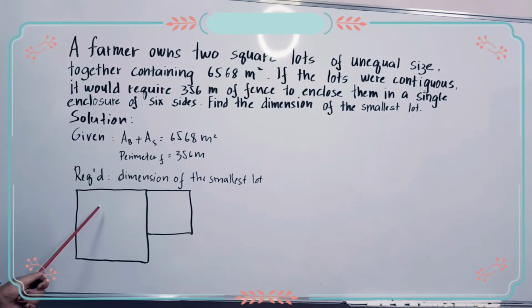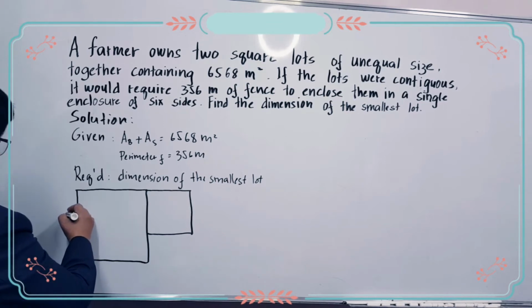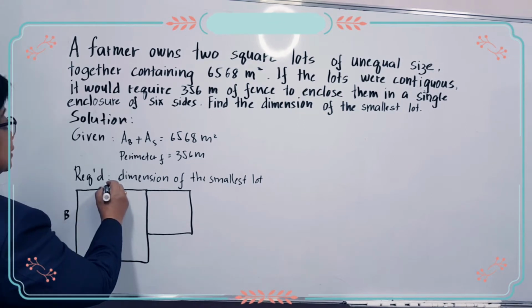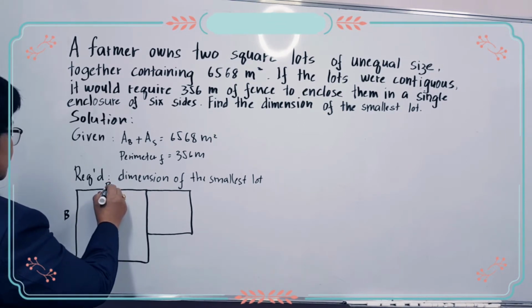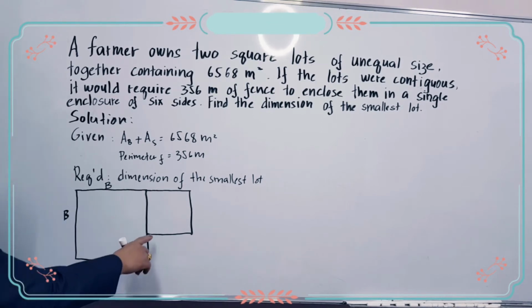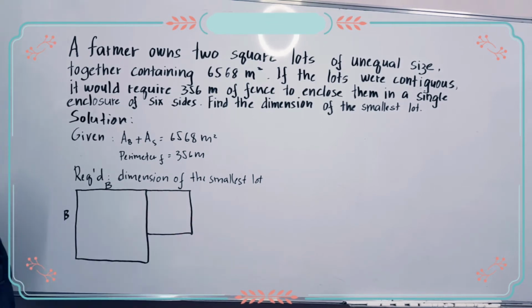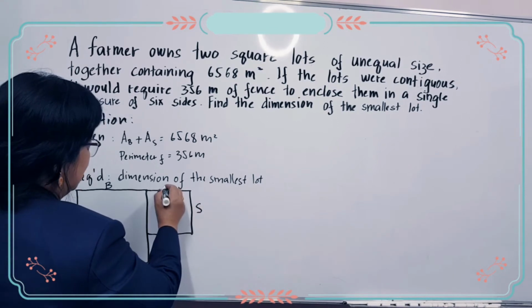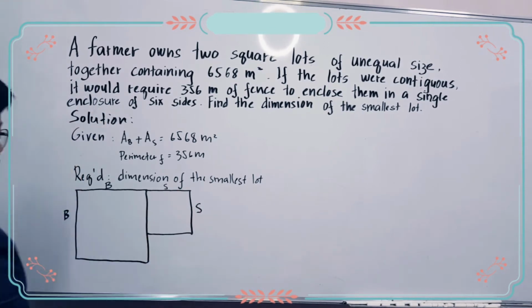So now, we will designate the side of the big lot as B. And of course, because they are square lots, this is also B. Here, we will designate the side of the small lot as S. So they are the same, S and S.